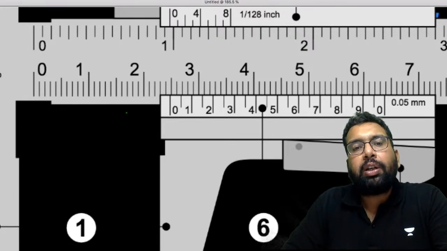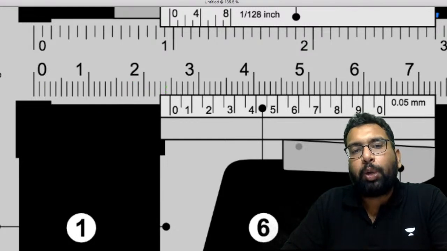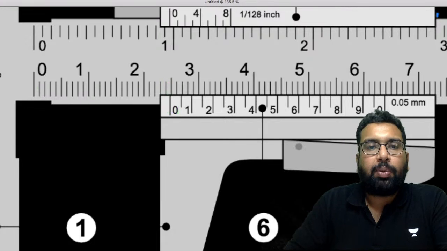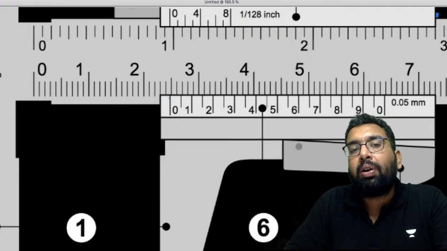Now please observe here. If I wanted to take the reading, see 0, 1, 2, 2.1, 2.2, 2.3, 2.4. You see that the zero of the Vernier scale is somewhere after 2.4 on the main scale.